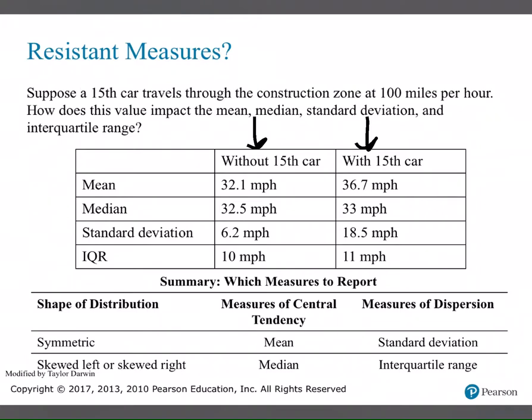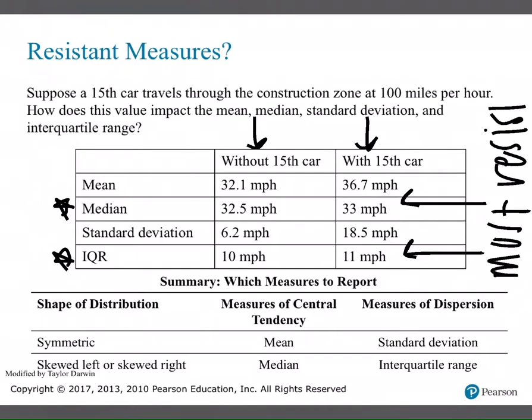Standard deviation changed a lot, but it looks like median and IQR stayed resistant. So we can say that these were the most resistant measures. We already knew that median was resistant, but now we know that IQR is also resistant.